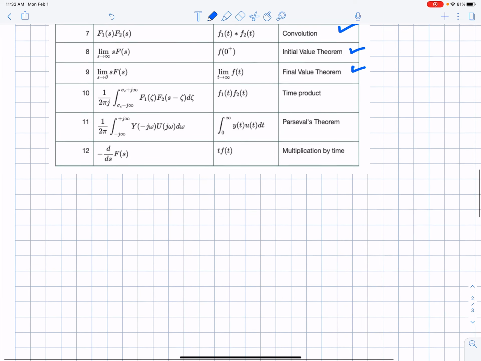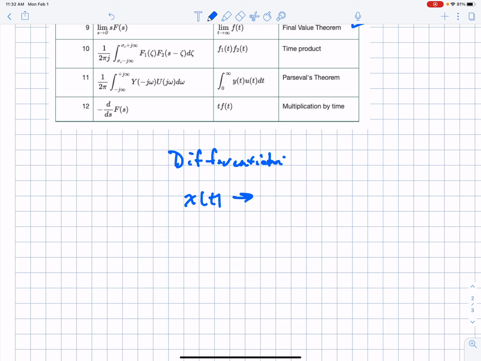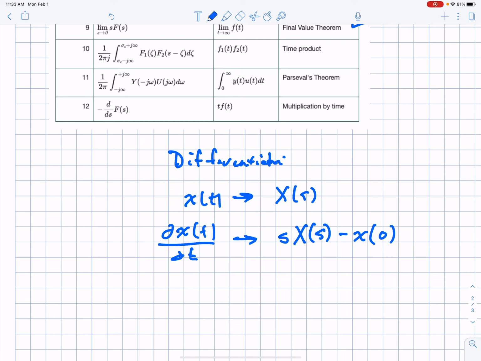I did want to take the time to talk about the differentiation property right now. So if I had a signal x of t that has a Laplace transform x of s, if I take the derivative, and then take the Laplace transform of that, I get this extra s showing up: s times x of s minus the initial condition.